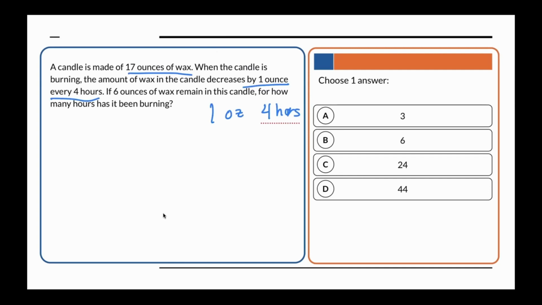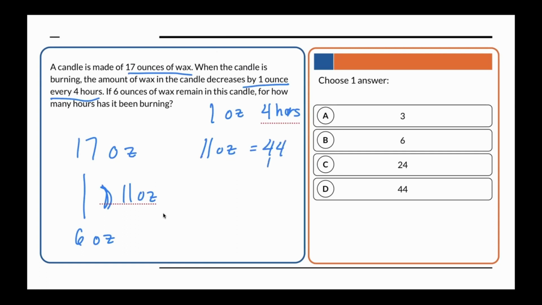And if 6 ounces remain in this candle, for how many hours has the candle been burning? So we start with 17 ounces and we end with 6 ounces. So the difference is 11 ounces, and 1 ounce takes 4 hours. So 11 ounces would also be times 4, which is 44 hours. D.